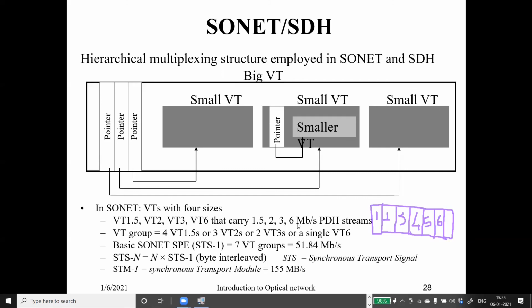So normally this virtual tributary, one group will have 4 1.5 or 3 2 Mbps or 2 3 Mbps or a single 6 Mbps data rate. Now we need to find out how these numbers of 4, 3, 2 have come.